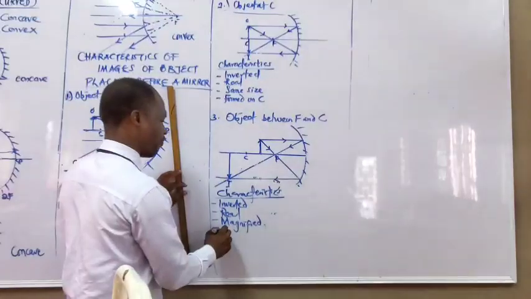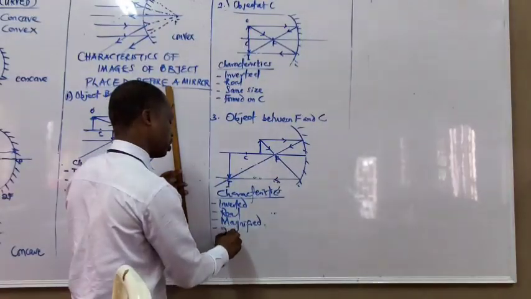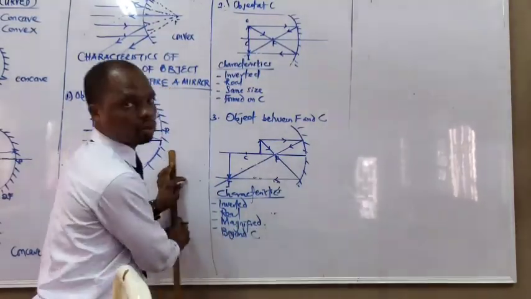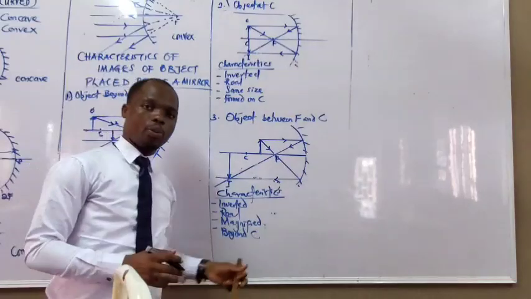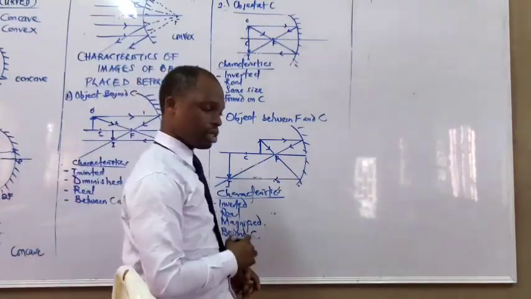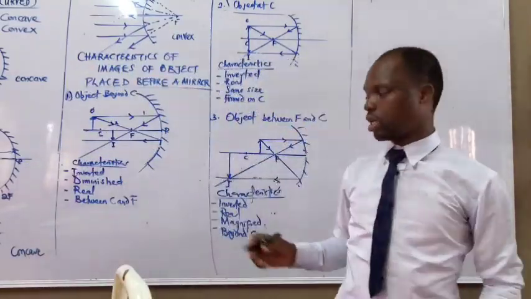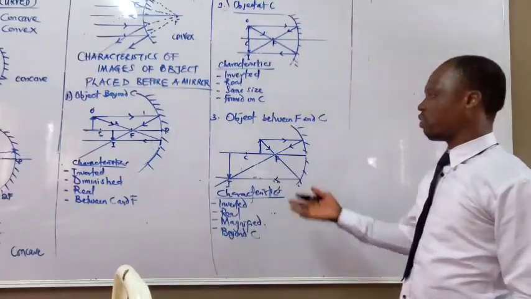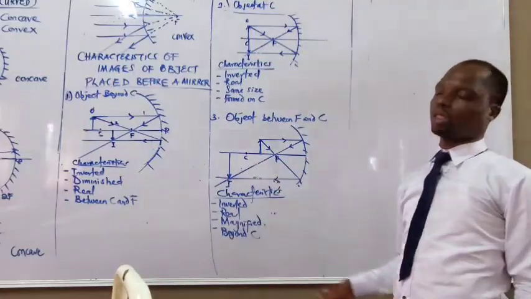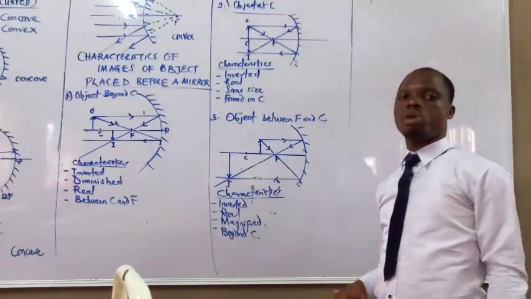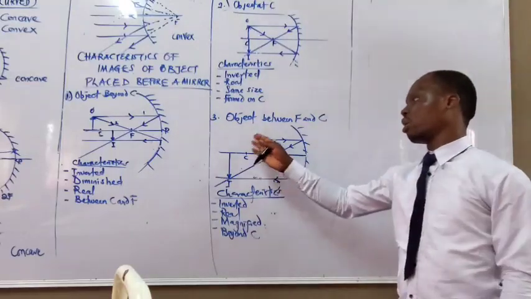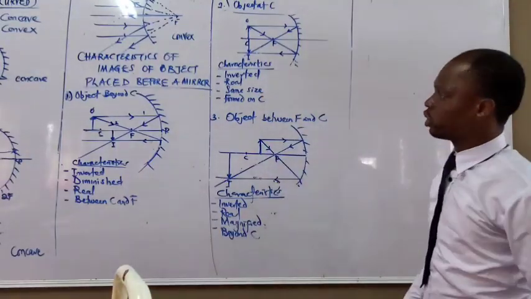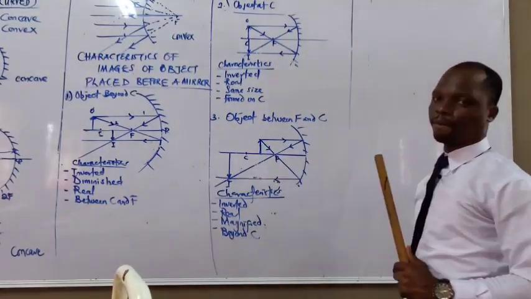And it is formed beyond C. I hope you're getting this analysis. These are simple ways of understanding the position of the image of an object placed at different points in front of the mirror.